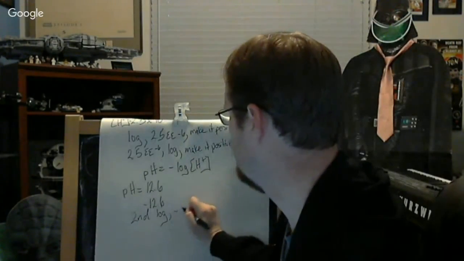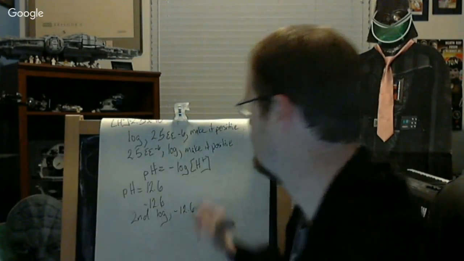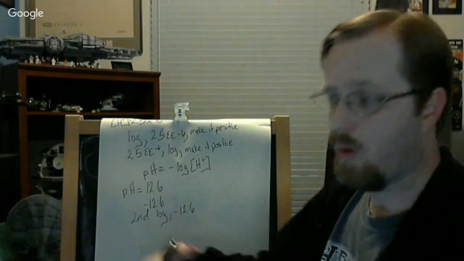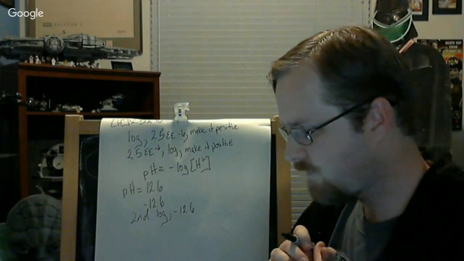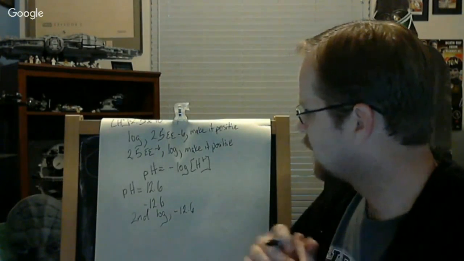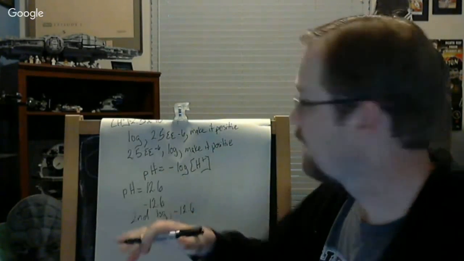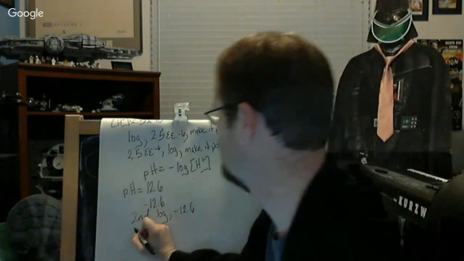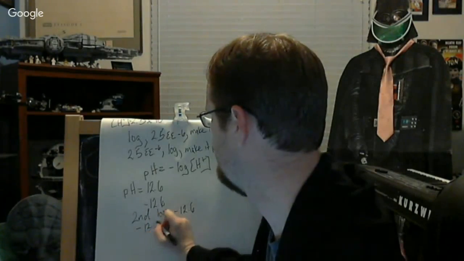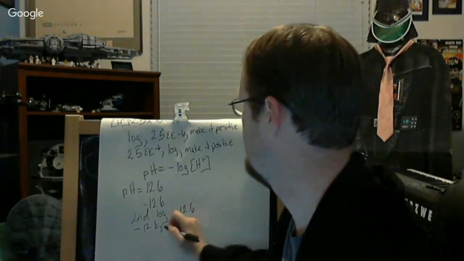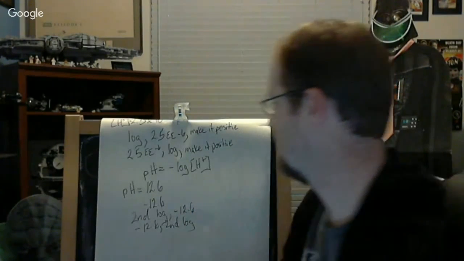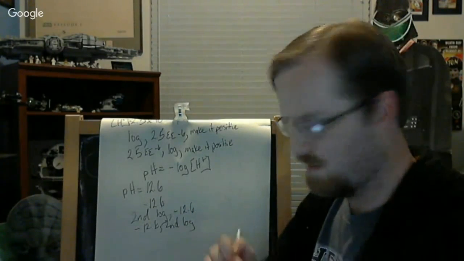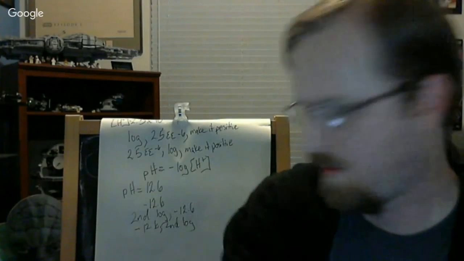Then you do negative 12.6. Or if your calculator requires you to type in the number first, then you do negative 12.6 and then type second log. Okay, so if you will do that one with me.